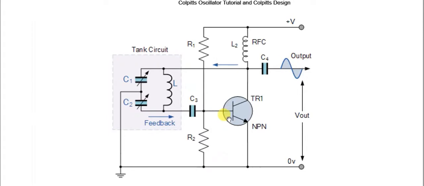So base biasing is done with the R1 R2 potential divider circuit, and here we don't have a resistor at the emitter, but we can put one, it should be there to stabilize the Q point.